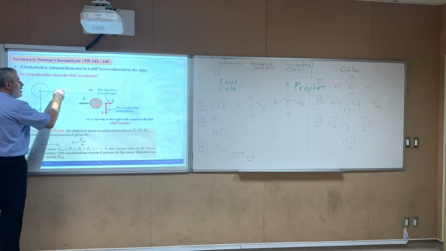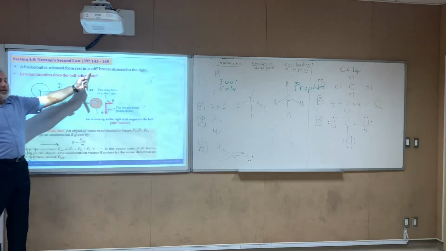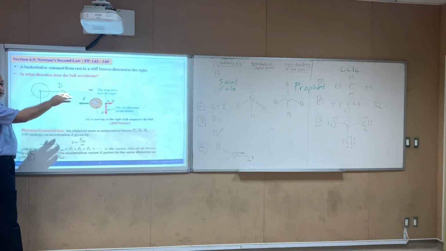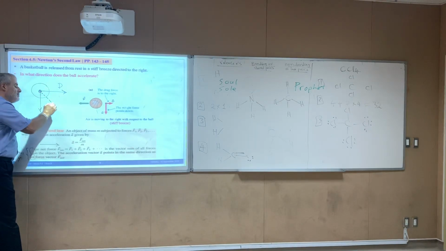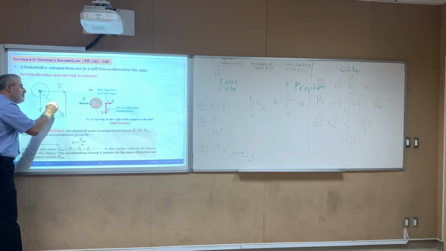A breeze means wind blowing to the right. In which direction will the ball move? The weight of the basketball is downward, and the breeze is directed to the right. So as a result, the ball will move down and to the right, along the resultant. This is F net.